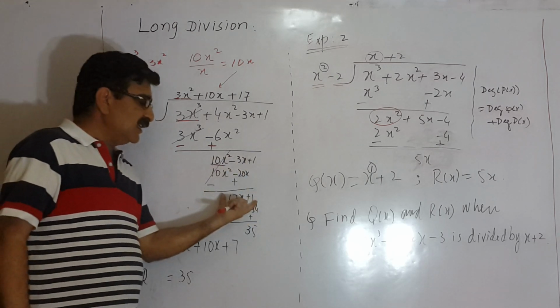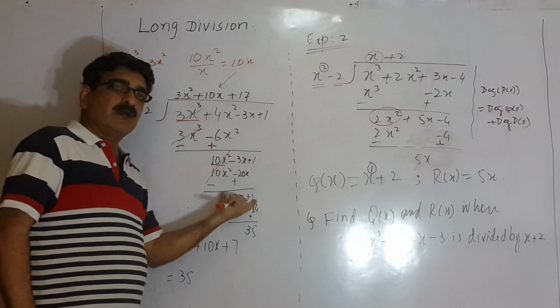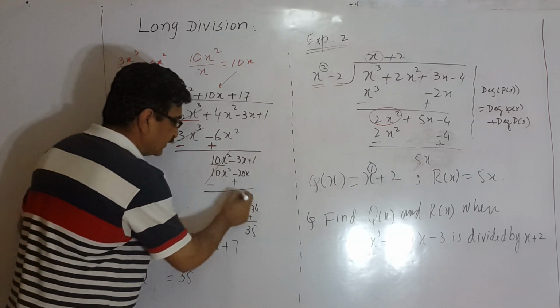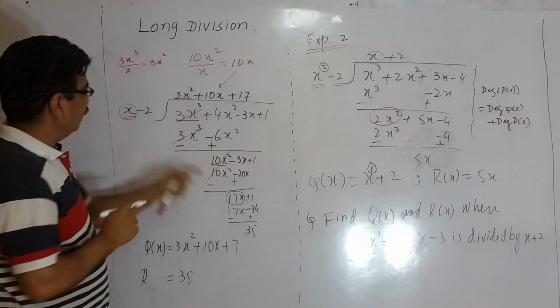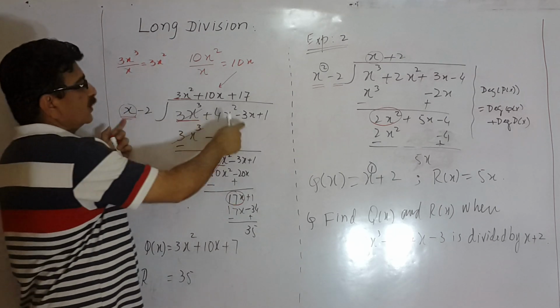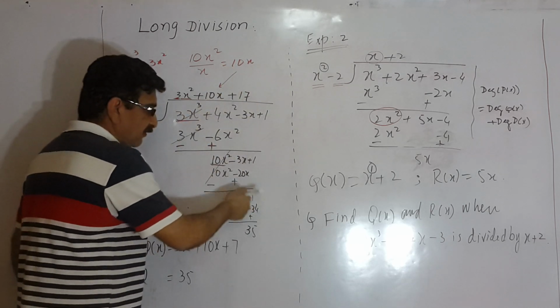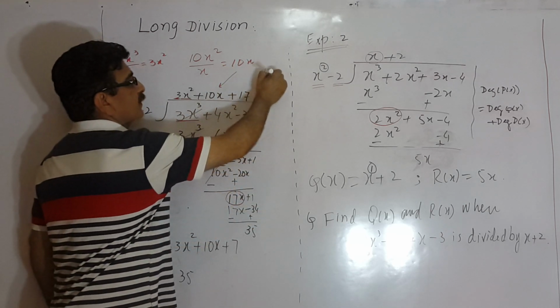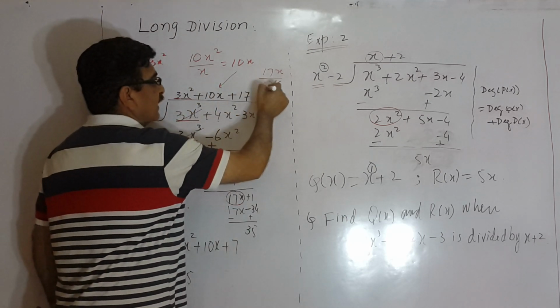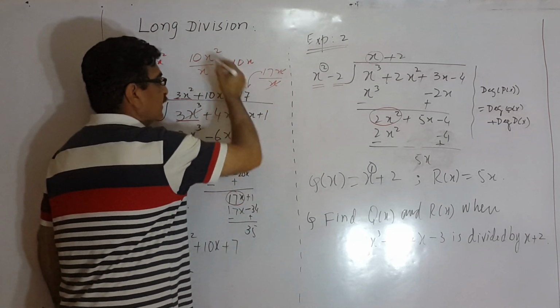So we get the linear factor. Now we also have to see this term once again and divide by this. We get 17. Look here. This term is 17x, and this term is x, is cancelled, so the 17 is here.